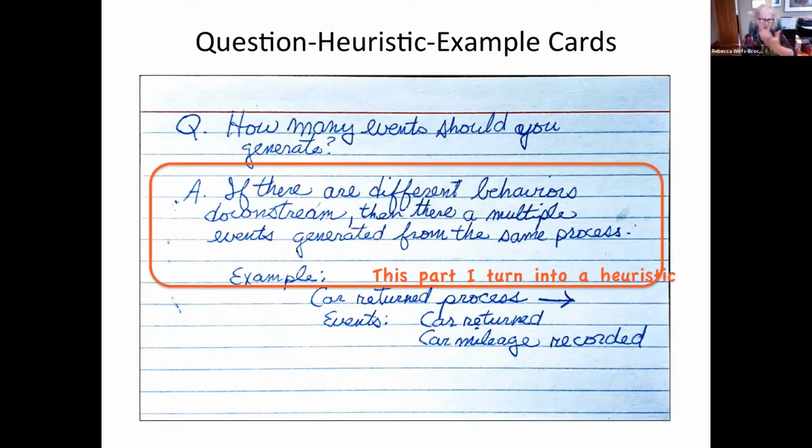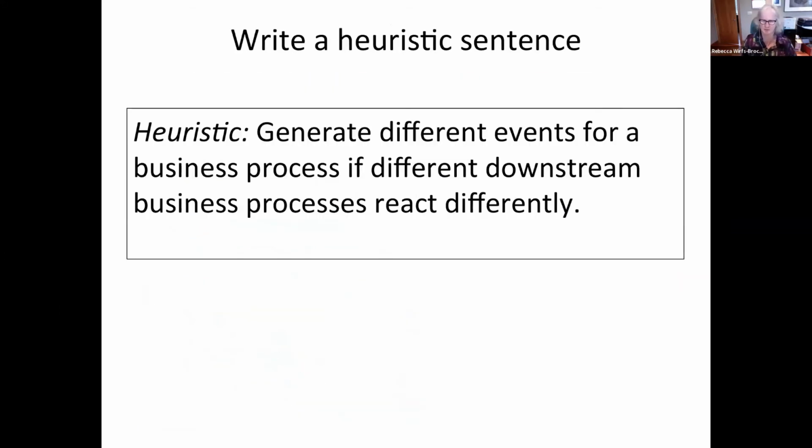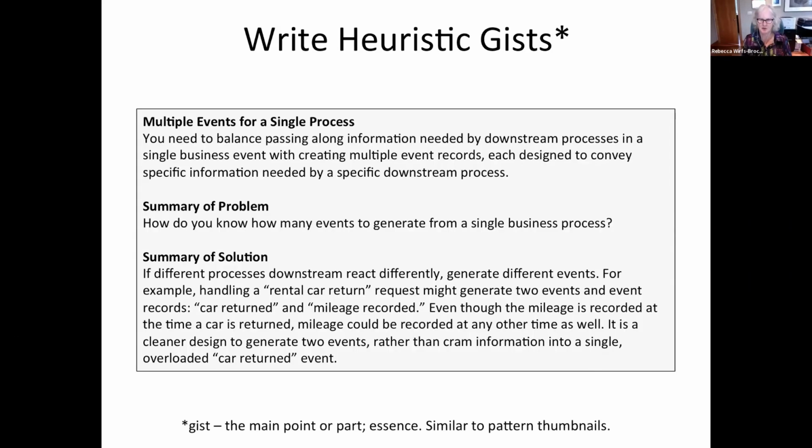But from that, you can harvest a heuristic and write a sentence or two: generate different events if different downstream business processes react differently. Now, if you really like this heuristic and you want to polish it up, you can turn it into what I call a heuristic gist. You could give it a name, summarize the problem, and write a solution.